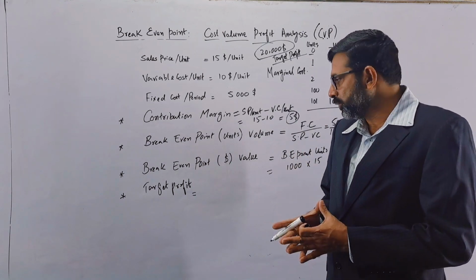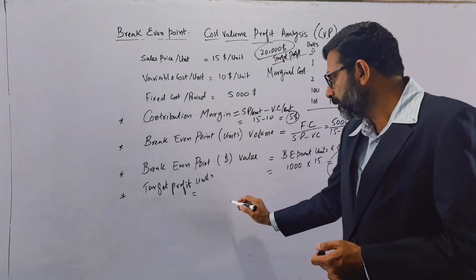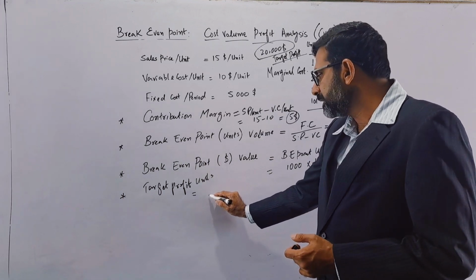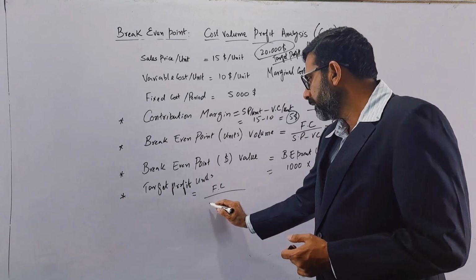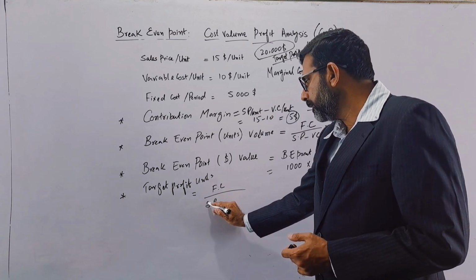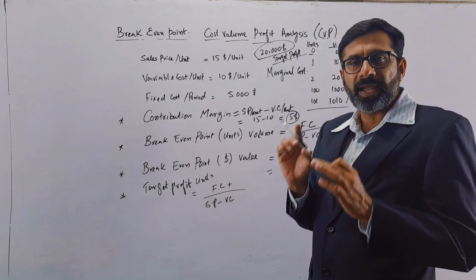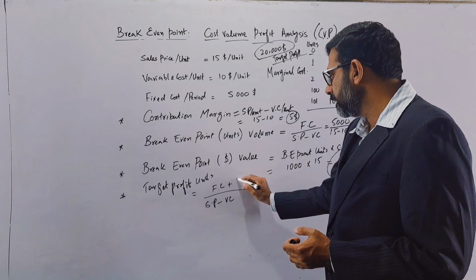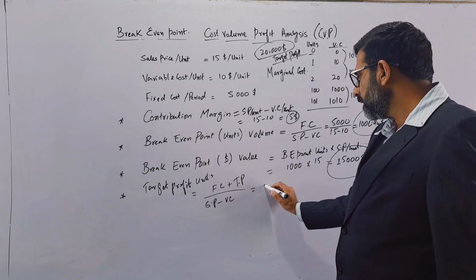So target profit units, it is very simple. Simply write the formula related to the break-even point: the fixed cost divided by the sale price minus the variable cost. But just add one more thing, that is the target profit. So we have a fixed cost here, how much?